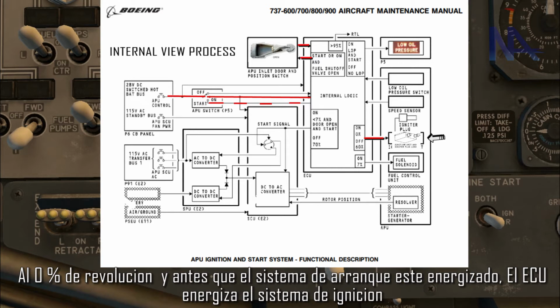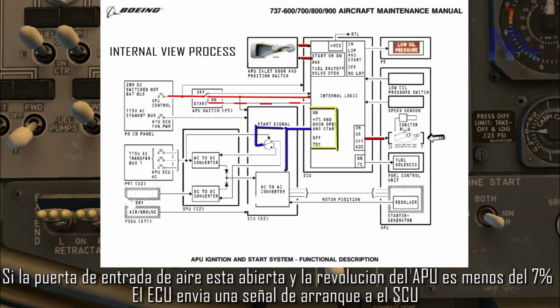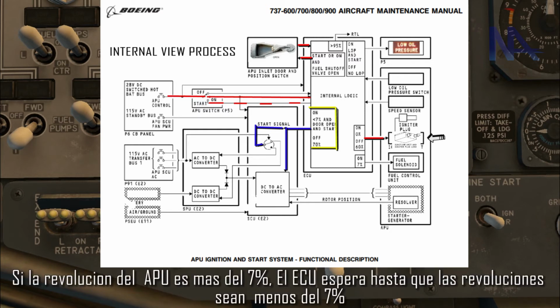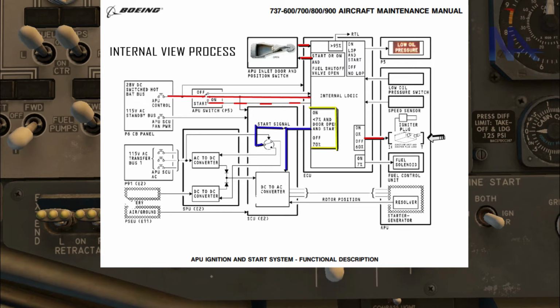At 0% speed and before the start system is energized, the ECU energizes the ignition unit. If the air inlet door is open and the APU speed is less than 7%, the ECU sends a start signal to the SCU. If the APU speed is more than 7%, the ECU waits until the speed is less than 7%.